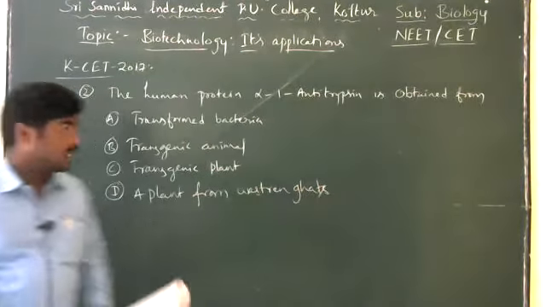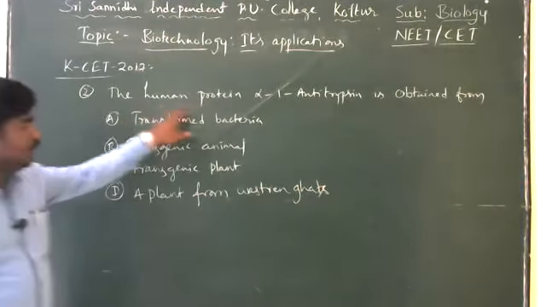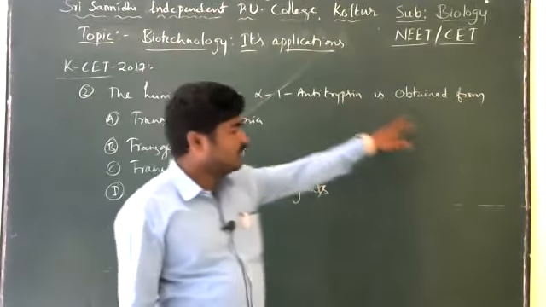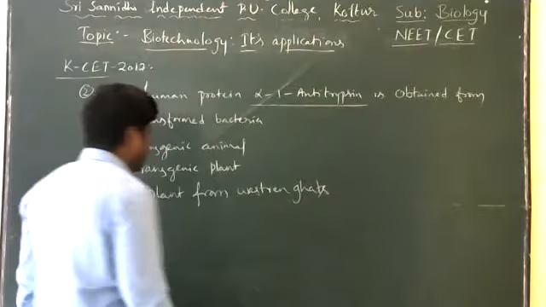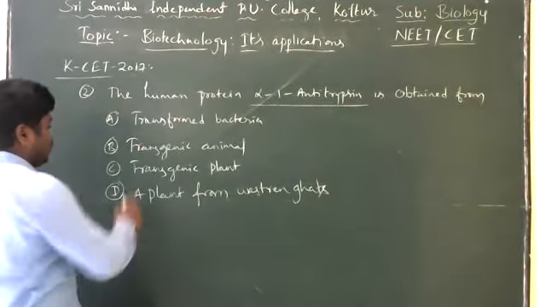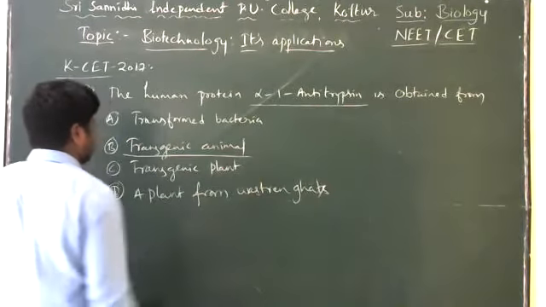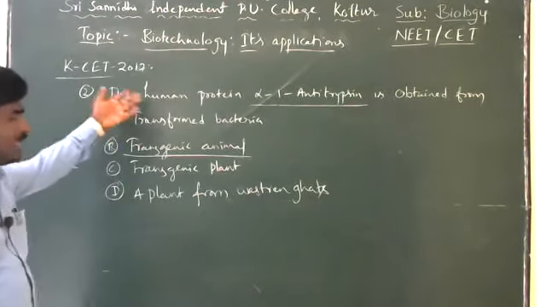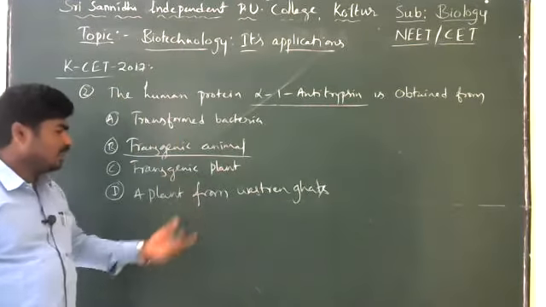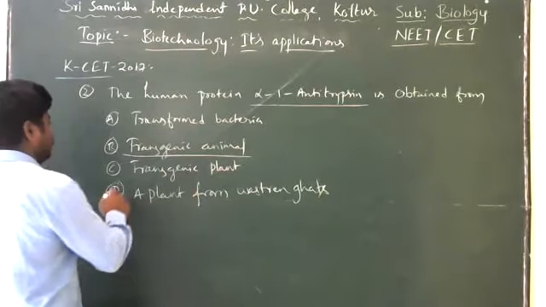So given options like a human protein alpha 1 antitrypsin is obtained from. So it is obtained from a transgenic animal. We collect from the transgenic animals, not transgenic bacteria, and not from transgenic plants or plants from Western Ghats.